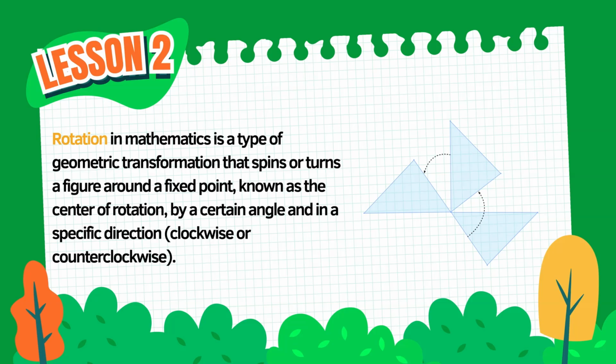Now, how about if the center of the rotation is at 0, 0? So how are we going to do that one? So the center is at 0, 0. So let's change this into that one. Then let's make it purple. Let's have another point, which is 0, 0, or the point of origin.